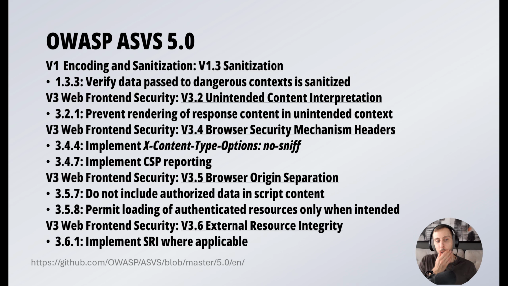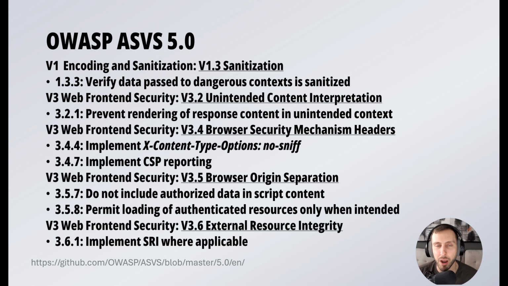Okay, finally, and this is not even comprehensive. I think there may have been some that I missed, but I'm going to do an ASVS session sometime in the future. But these were some of the ASVS requirements that came up from all of the content discussed today. 1.3.3, verify that data passed to a dangerous context is sanitized.